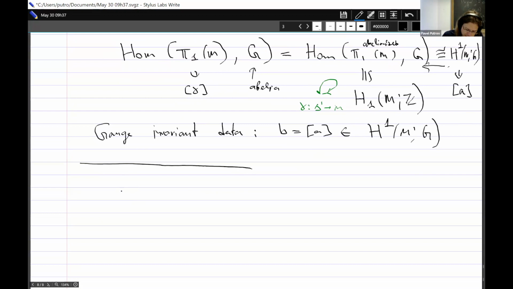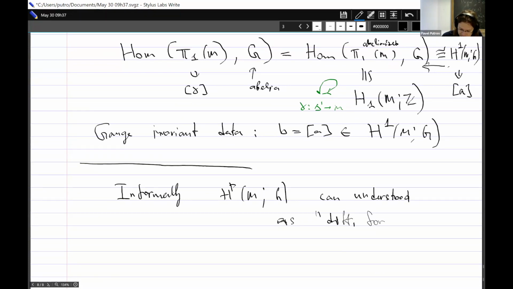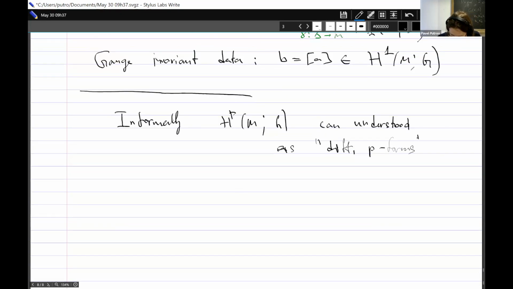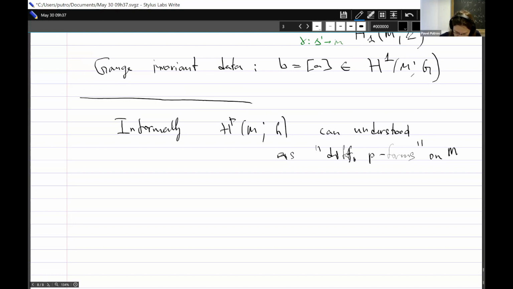Let me also mention, informally, that this H^p(M, G) can be understood as some sort of differential p-forms. This informal understanding is based on de Rham theory.